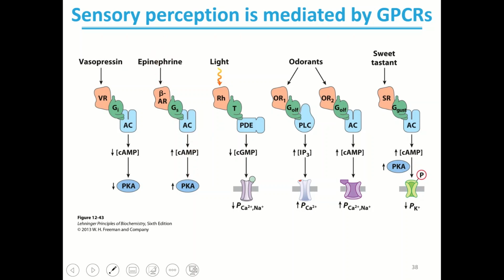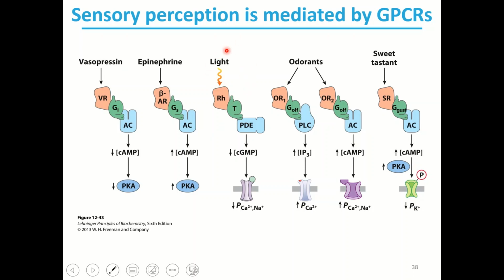Epinephrine does the opposite. So these two, vasopressin and epinephrine, if you have both of those signaling molecules around at the same time, that would be an example of crosstalk or integration, right? The net effect will be the interplay between those two.